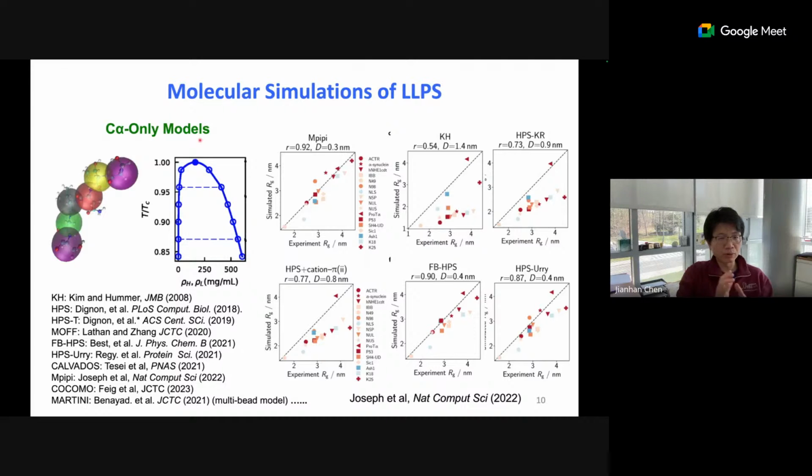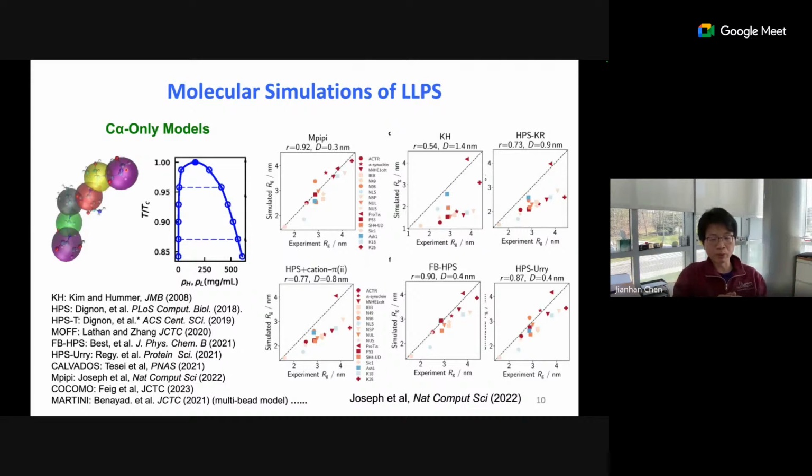For those who hear about this model for the first time, you'll find it to be really strange. What the model does is represent every residue in our protein or peptide chain as a single bead, a single ball. So we really reduce a lot of resolution, and then these C-alpha beads interact with one another through some effective potential.